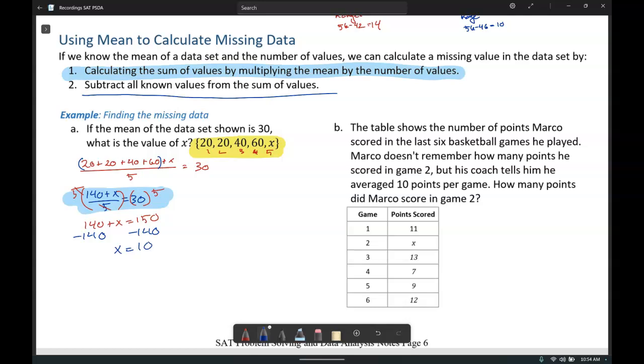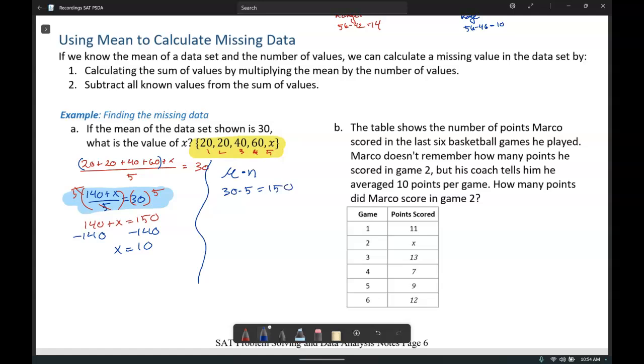If we followed those steps verbatim up above, and you can't remember them, you can always work through it algebraically here. But if we want to work through those values, we take the mean and multiply it by n, in this case 30 times 5. That gives us 150.